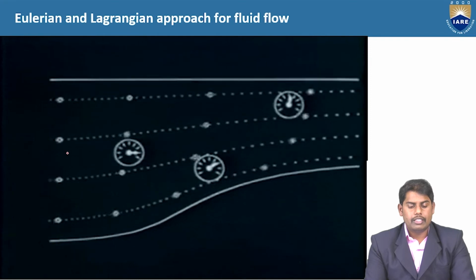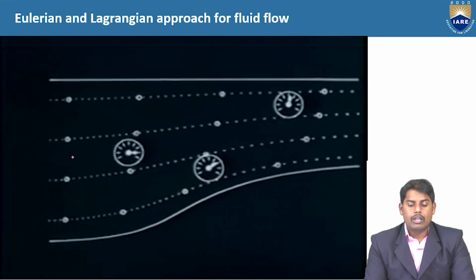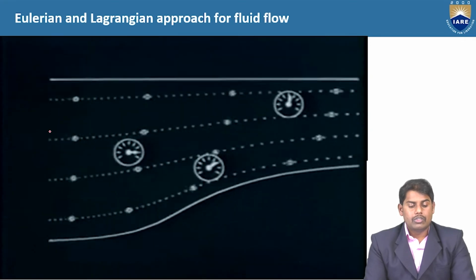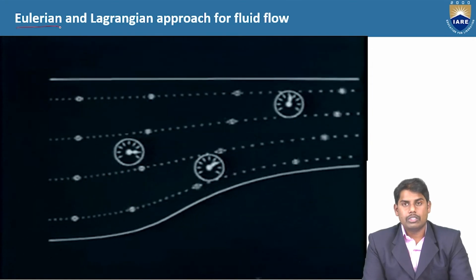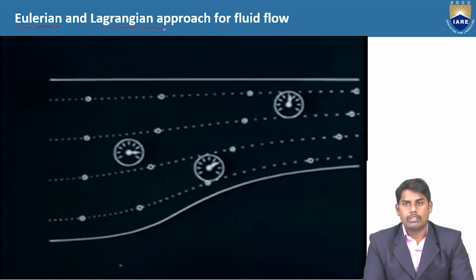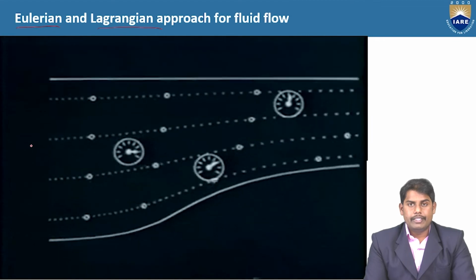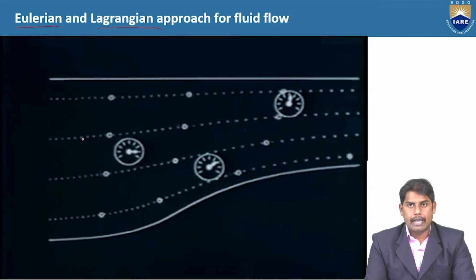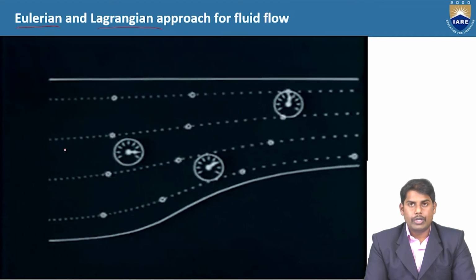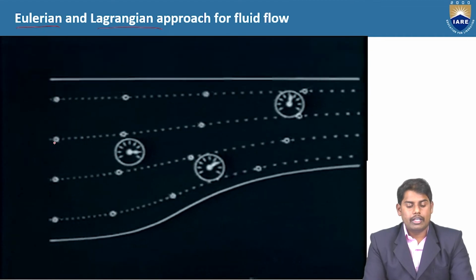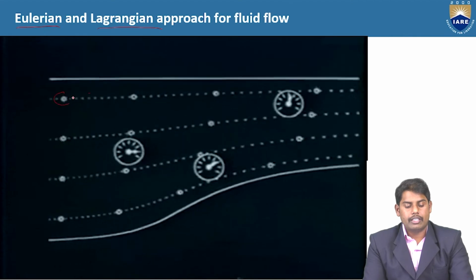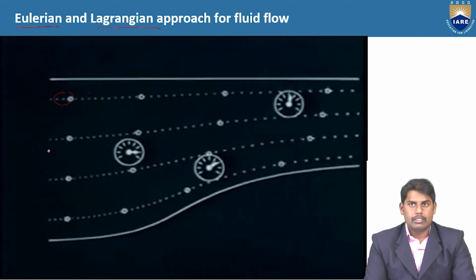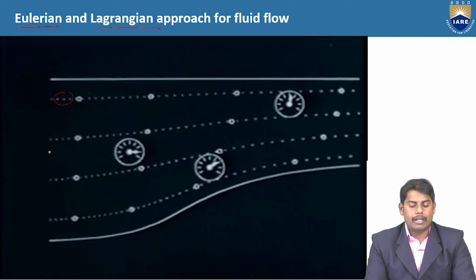There are actually two types of approach for a fluid flow problem. One is called the Eulerian approach, the other is called the Lagrangian approach. Take the diagram you are seeing, flow through a channel. The dotted particles you are seeing, let us assume these are the fluid particles.